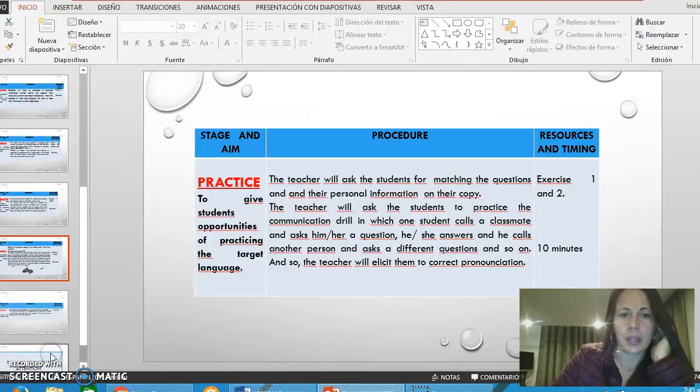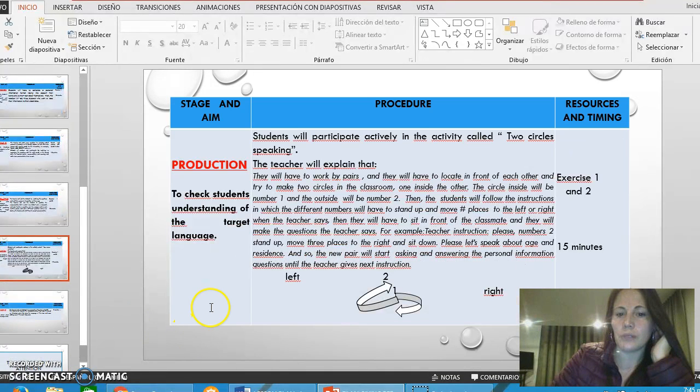Next stage, I have production. The production stage, I think it is the most important part, because in this part I check students' understanding of the target language, and I assess the goal of the class.